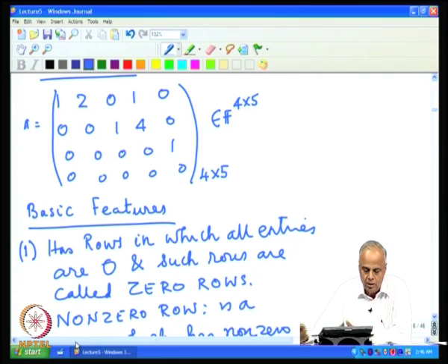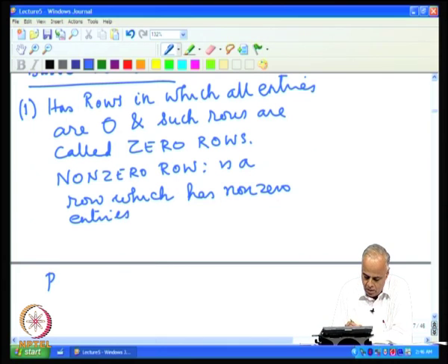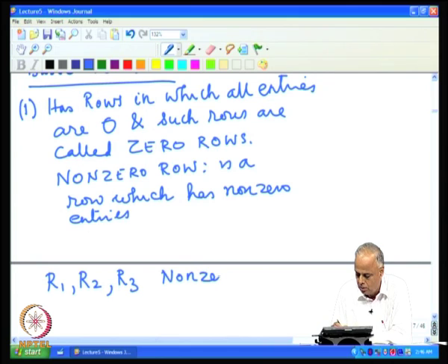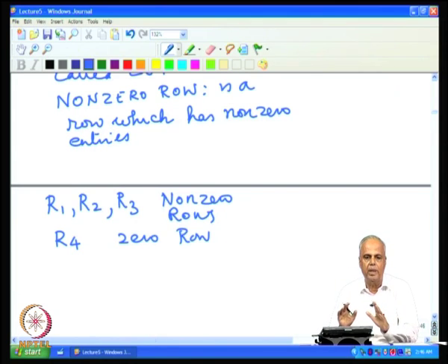In this example, the first row, the second row and the third row are the non-zero rows, and the last row, the fourth row, is the 0 row. So, in this example we have R1, R2, R3 as non-zero rows and R4 as the 0 row. So, that is the first simple thing that we can have in a matrix. Some rows will have all zeros, some rows will have non-zero entries.